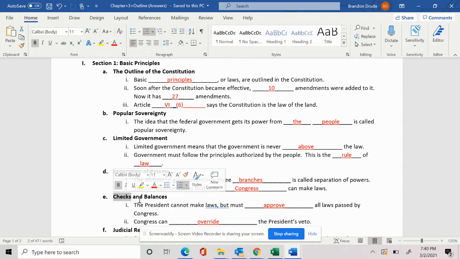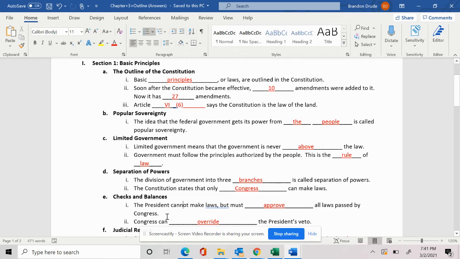They are not breaking the rule of not cursing in school. So this is the same in the government. The individual branches, the executive, the legislative, and the judicial, they check each other. They make sure that they're staying in their lane, making sure that they're not breaking the rules.